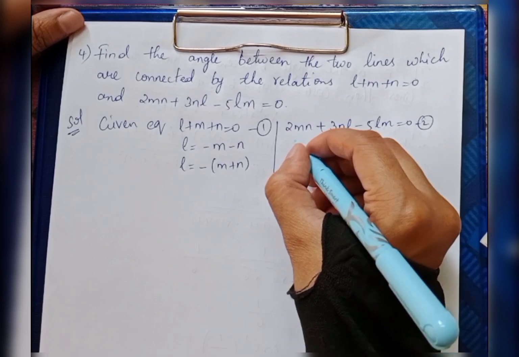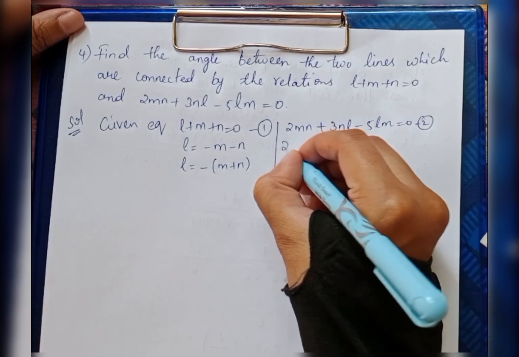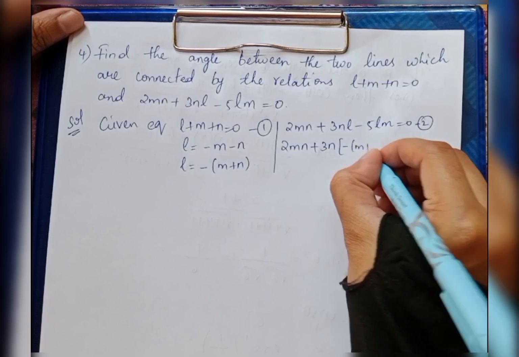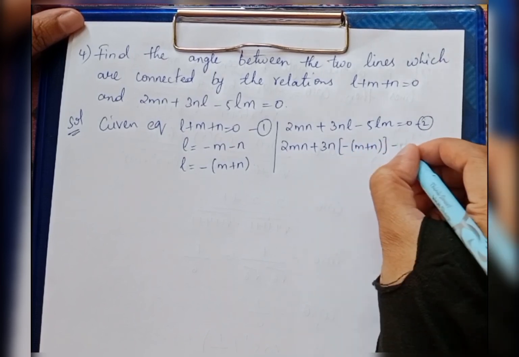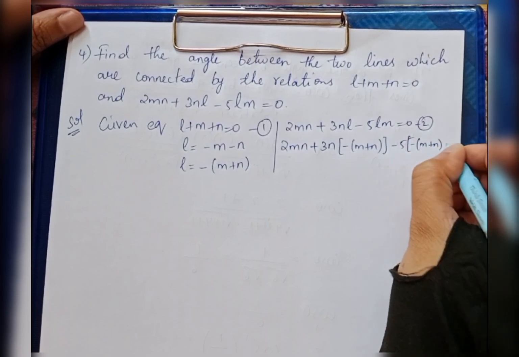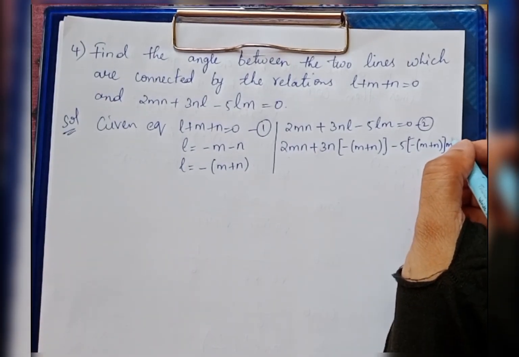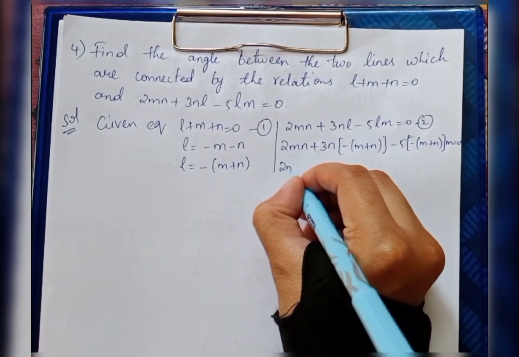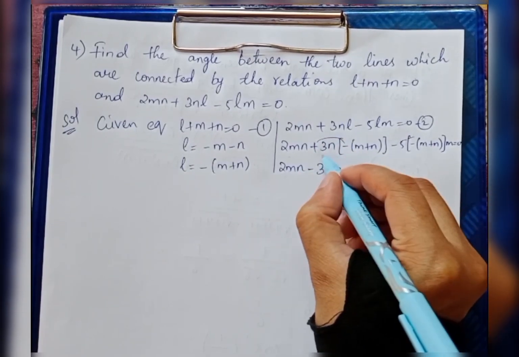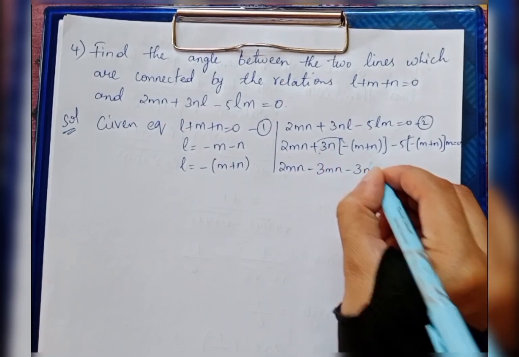Now substituting the value of L in the given equation, we get 2mn plus 3n into negative of m plus n, minus 5 into the value of L, minus of m plus n, into m is equal to 0. So it will be 2mn, minus 3mn, and here also it is negative because this is multiplied to this, so it is minus 3n square.